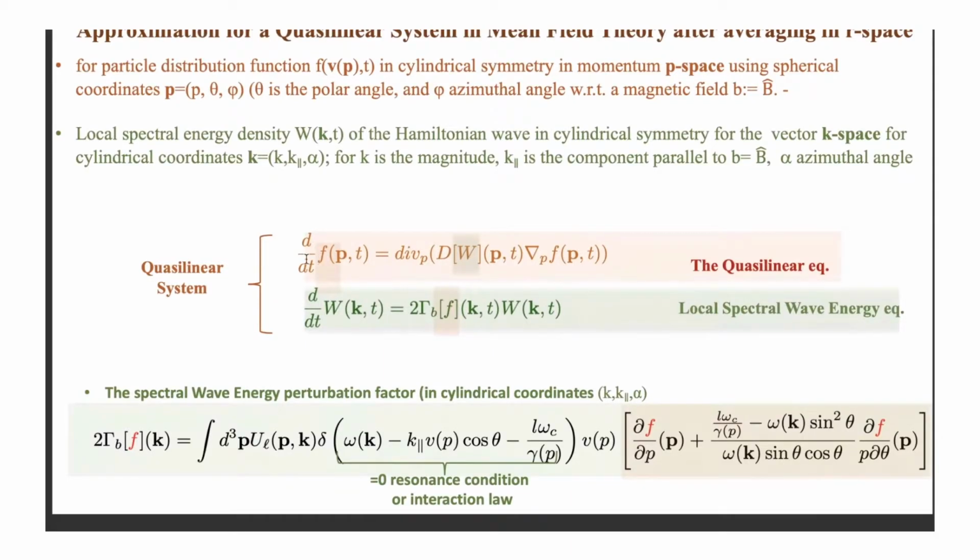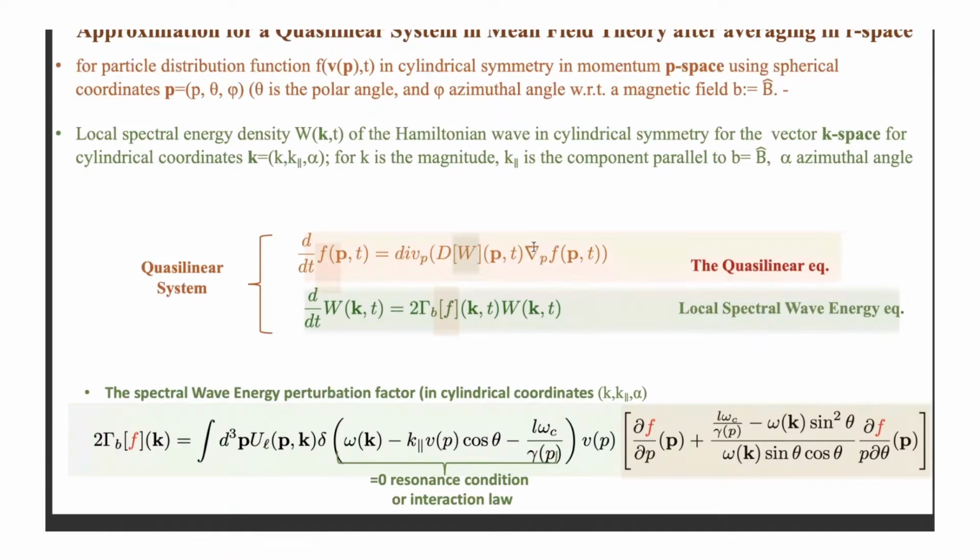So this model, they actually look at the model of a diffusion operator. However, the diffusion operator is modified by the diffusion term, and the diffusion term depends on a solution of a local spectral wave energy equation.